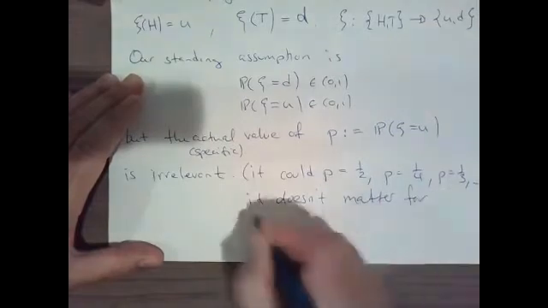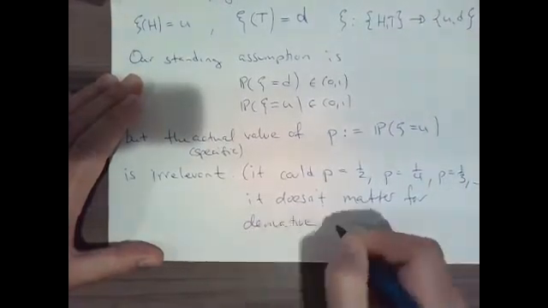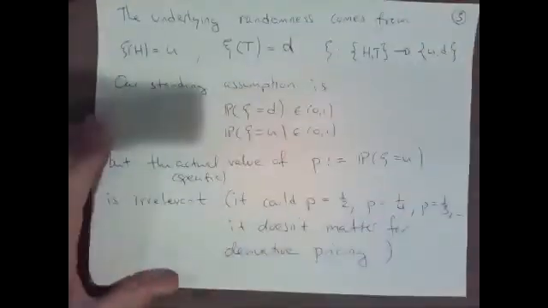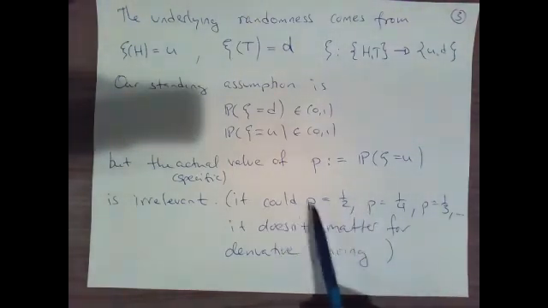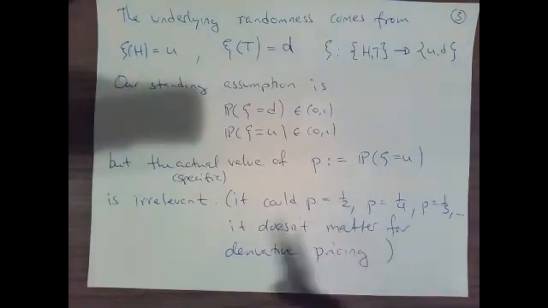It doesn't matter for derivative pricing. And this is perhaps a little bit confusing or a little bit surprising, that that particular probability plays no role in what we've done in the last couple of lectures. You can go back and look through the videos and through your slides, and nowhere is this value P appearing in the formula for the derivative price.